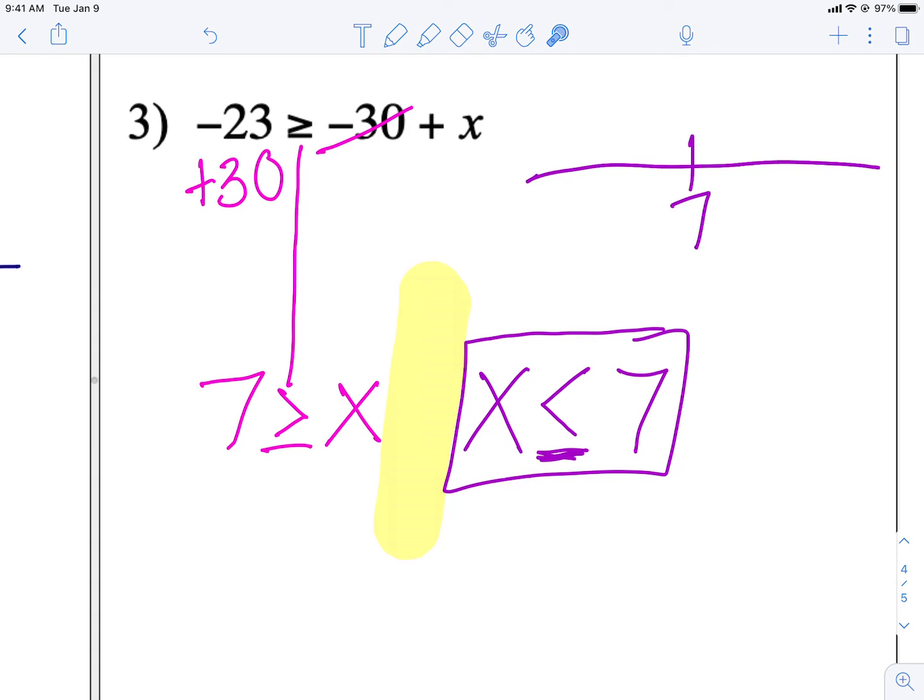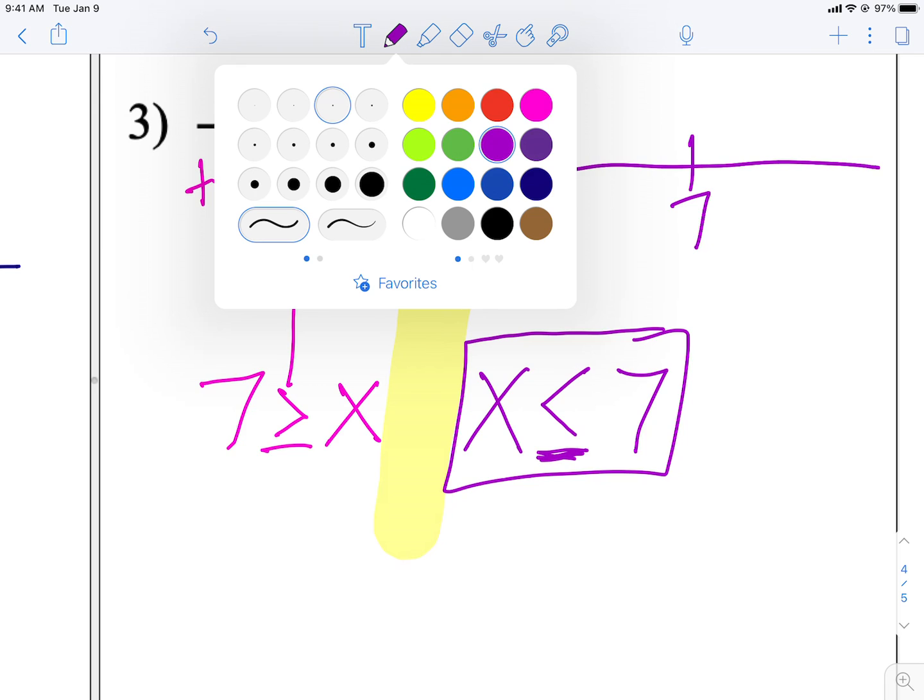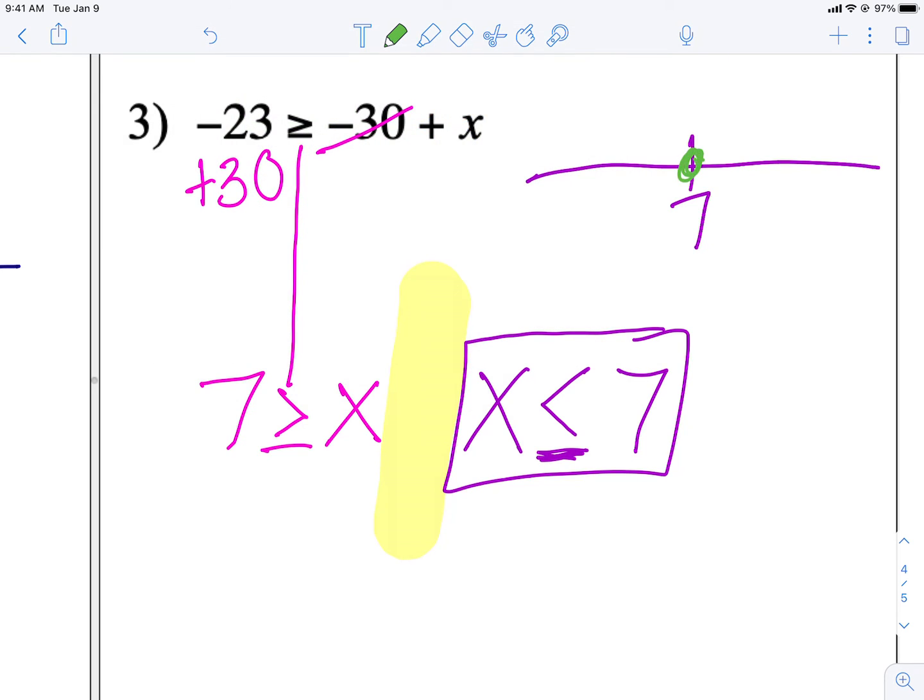Exactly, like your left hand. And left makes us think of less. So since this has an equal sign under it, that means I gotta do a closed circle. And left means less, so I'm going to graph to the left. Just like that.